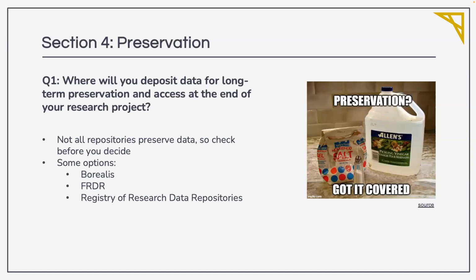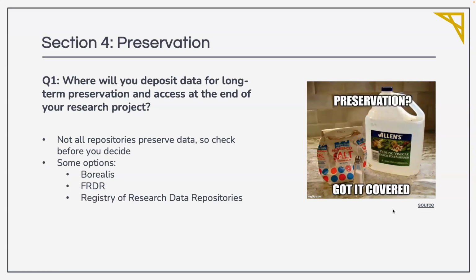FRDR, that is also in the resource guide, stands for the Federated Research Data Repository, and Canada can be in there. This is an Alliance product, almost lost my language there. And what this is really meant to fill is the gap in two things. If your institution does not pay for a Borealis subscription, FRDR is open to all researchers across Canada.